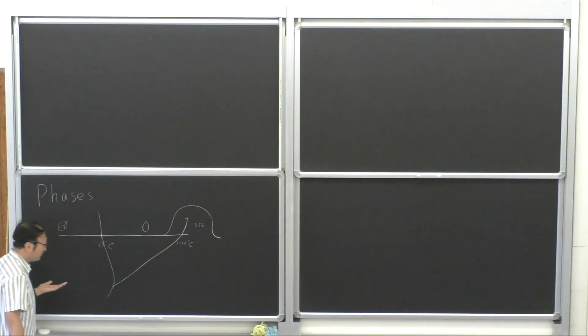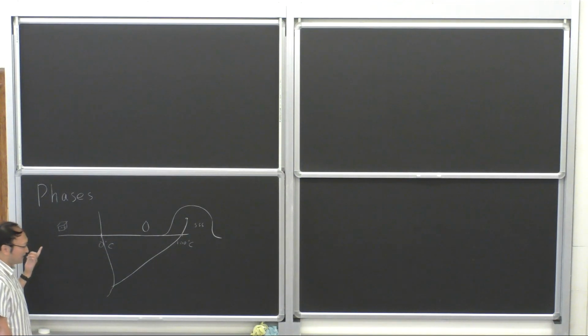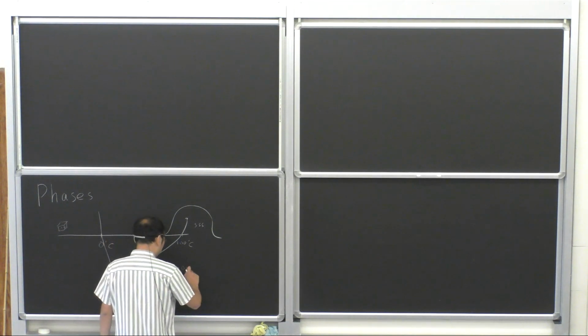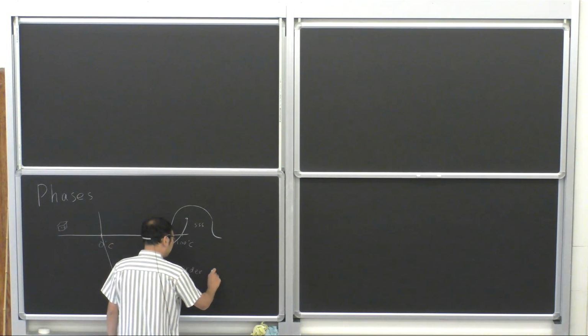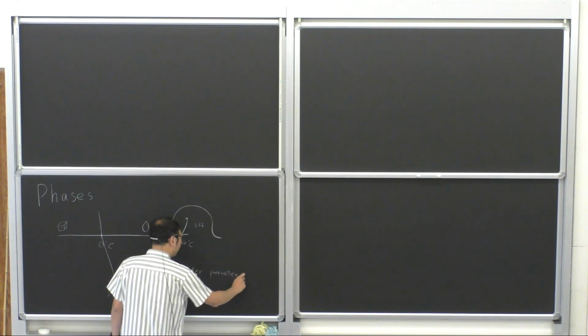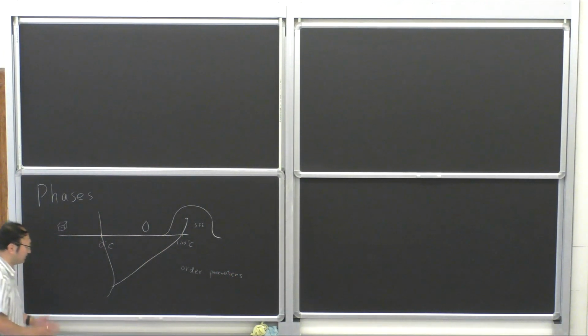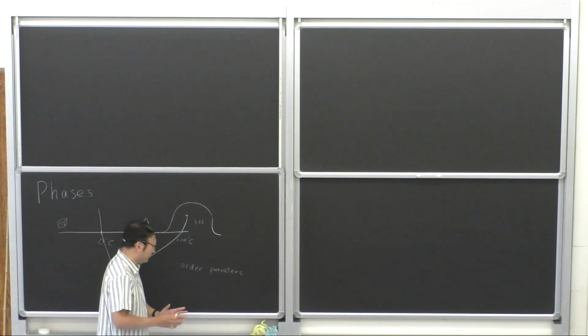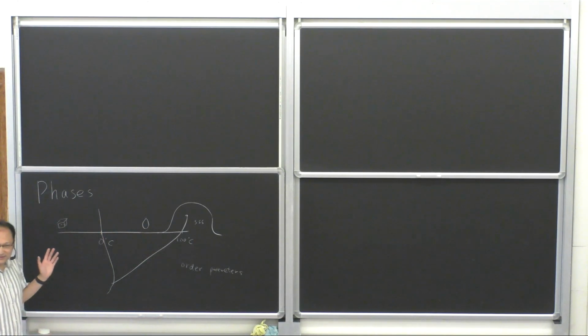So what's a good way of detecting phases? One way of doing that is by coming up with certain order parameters. We are by now somewhat familiar with this, namely in, let's say, the Ising model.